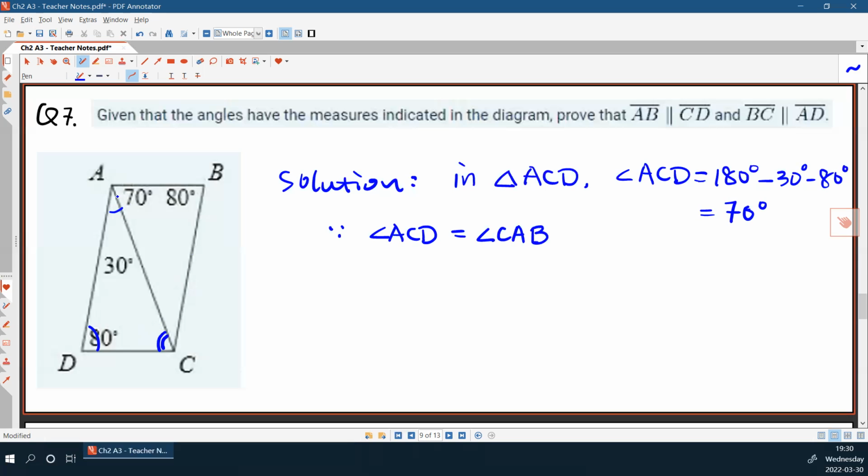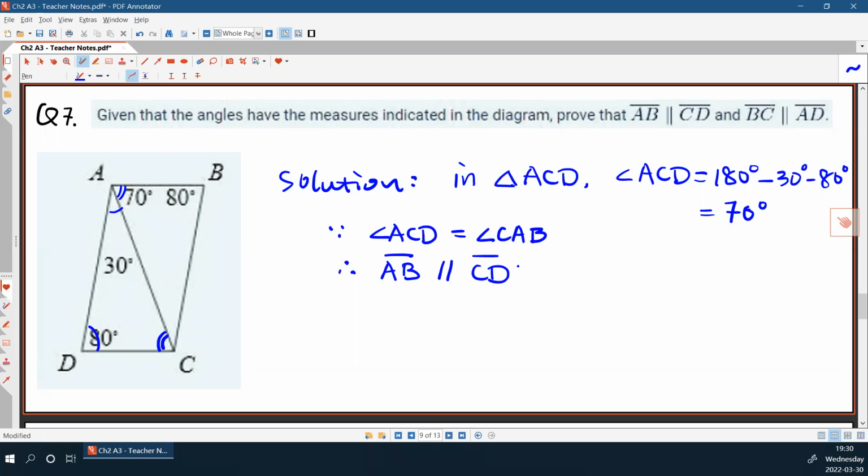This means this angle here equals this angle. And also because they are alternate interior angles, therefore we have segment AB parallel to segment CD. Can you follow me? Yeah.